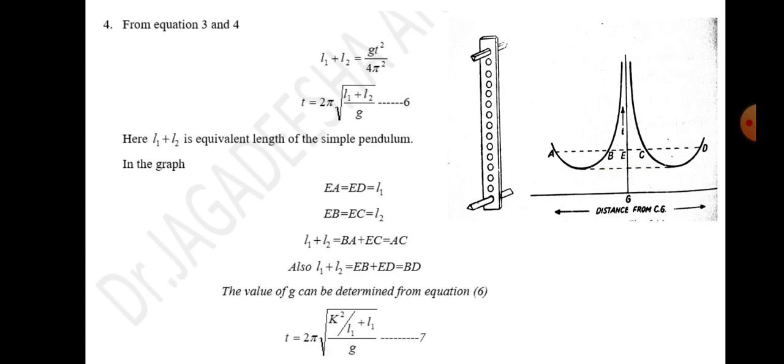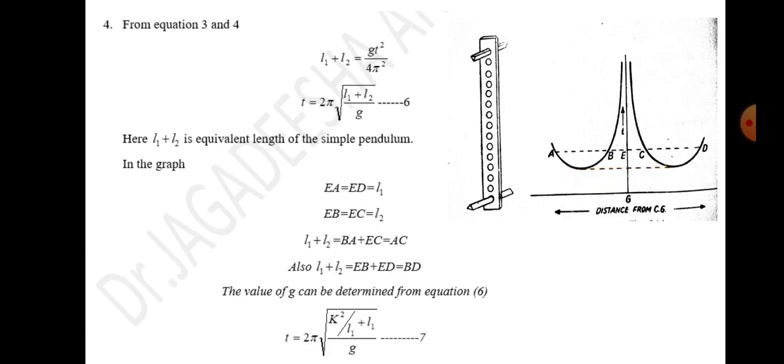As per equation 6, L1 plus L2 is equal to EA plus EC, that is AC.